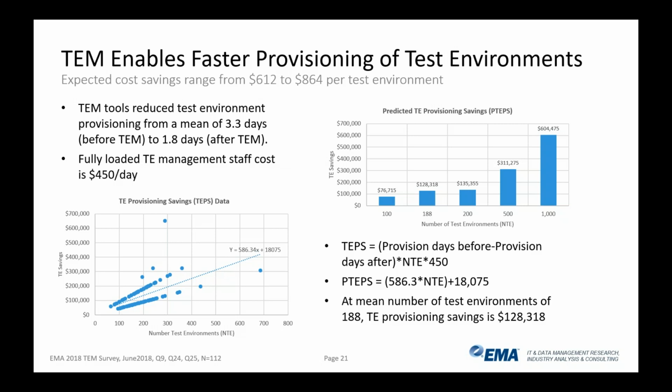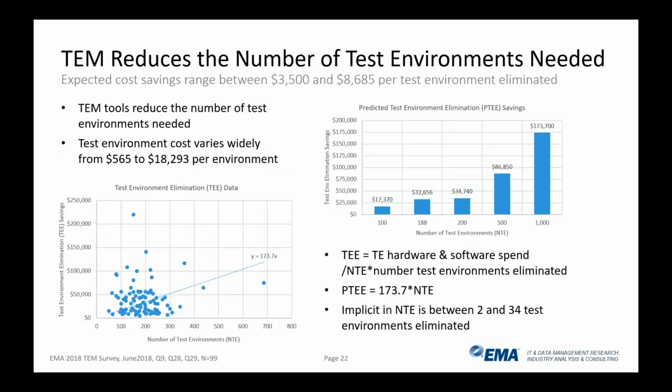Now, we've got the second cost savings model, and that's built around the findings that TEM tools reduce the number of test environments needed. Managing test environments more efficiently means that test environments can be spun up just in time or taken down more quickly. So ultimately, you're going to need fewer test environments. The cost savings associated with test environment elimination was based on test environment hardware and software spending and the number of test environments that the respondents said were eliminated.